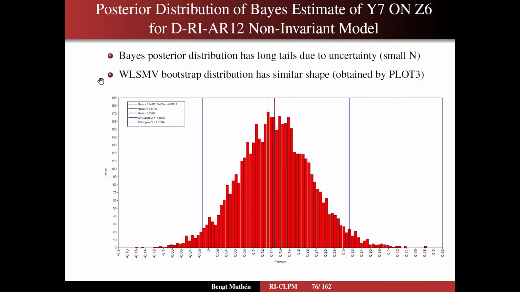The bootstrap distribution has a similar shape. You can get that by plot 3, as I say here. So the bootstrap distribution gets closer to what the Bayesian analysis gives.